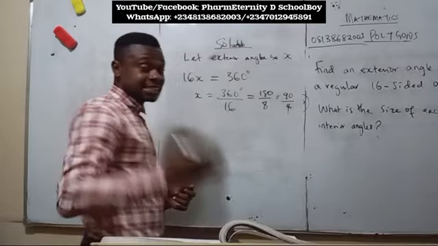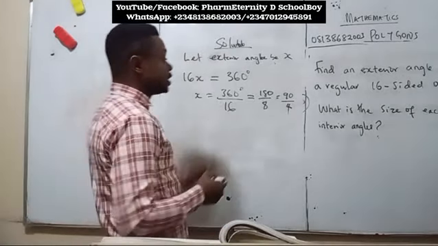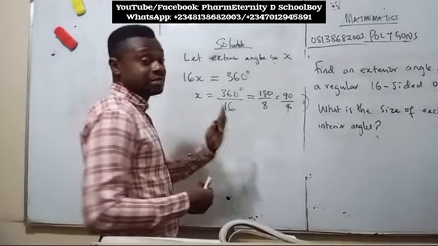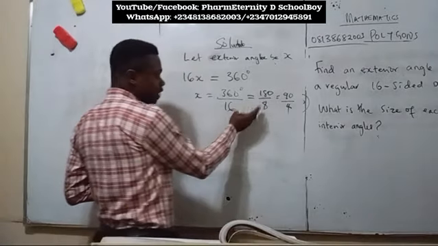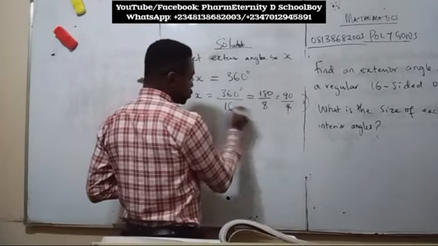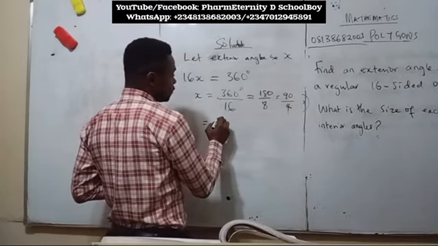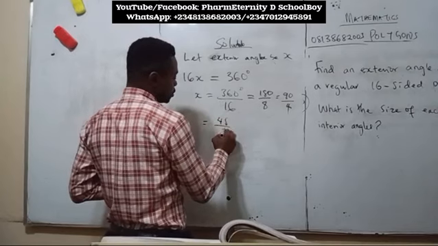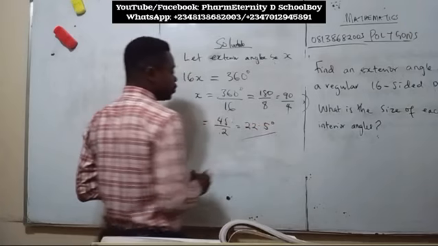I'm breaking this down because a lot of people are watching, some that are still having issues with calculations. That's why I'm taking it step by step. I don't want to jump. If you divide again by 2, you have 45 over 2. This is 22.5 degrees.